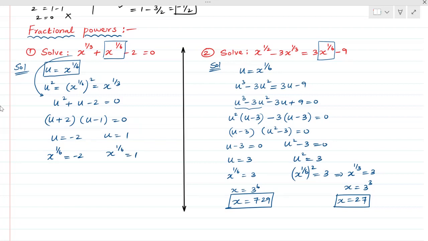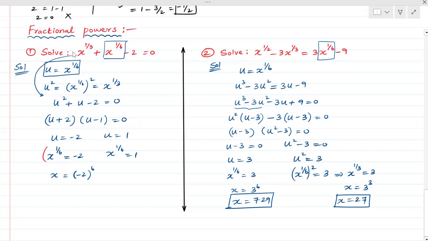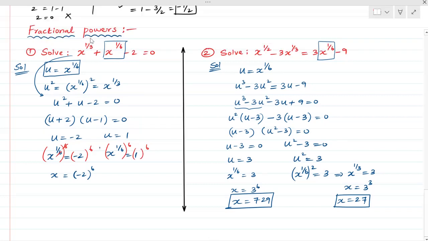Here we are taking power 6 on both sides, so the 6 cancels and you will get x. Similarly, we do the same here, power 6 on both sides. So what happened? We get the x value. Here x value is equal to 1, and here x value is 64, which is positive.